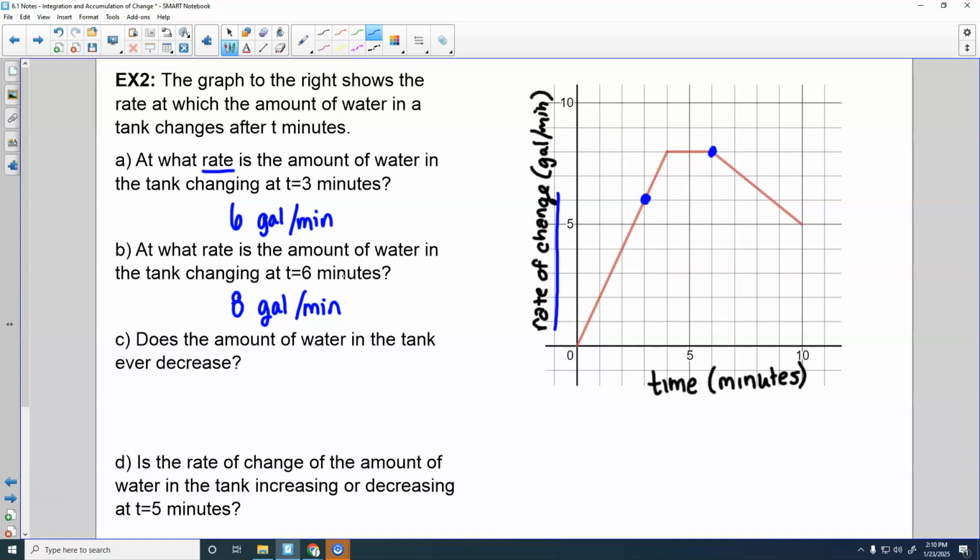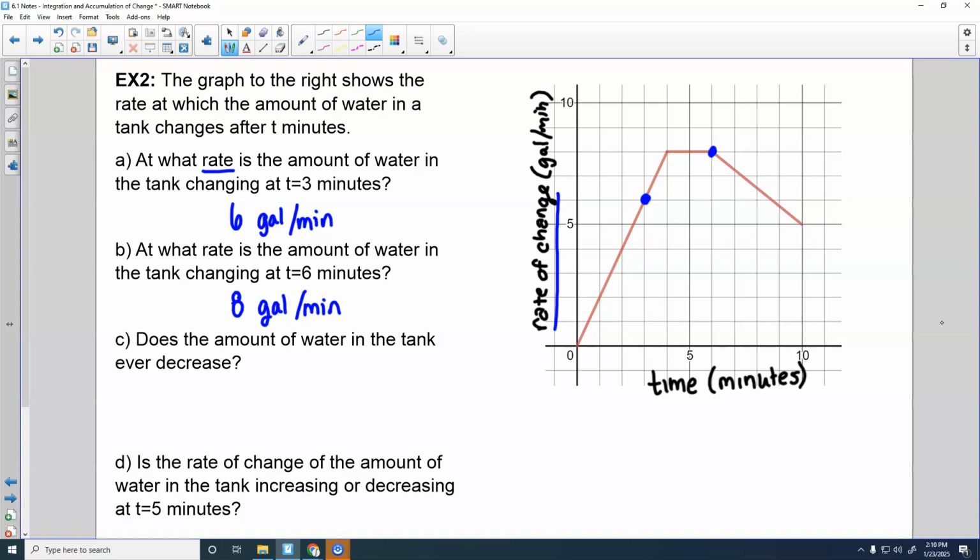C, does the amount of water in the tank ever decrease? Okay, why not? It goes down right here. That's the rate of change going down, so that just means the amount of water going into it is decreasing, but it's not actually decreasing the level in the tank. You're exactly right, because this is our rate. It's positive the whole time, right?